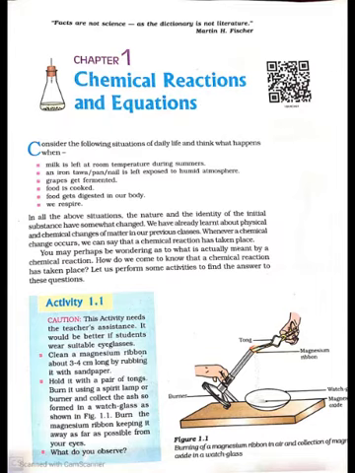In figure 1.8a, iron nails dipped in copper sulfate solution. Page number 11. In figure 1.8b, iron nails and copper sulfate solution compared before and after the experiment. Why does the iron nail become brownish in color and the blue color of copper sulfate solution fade?